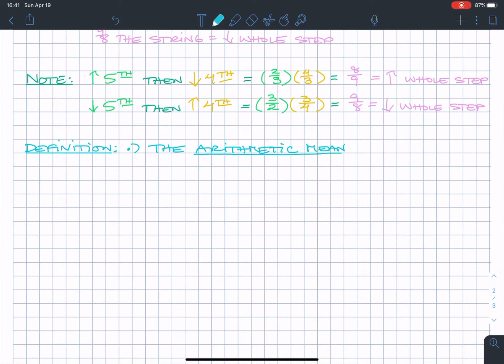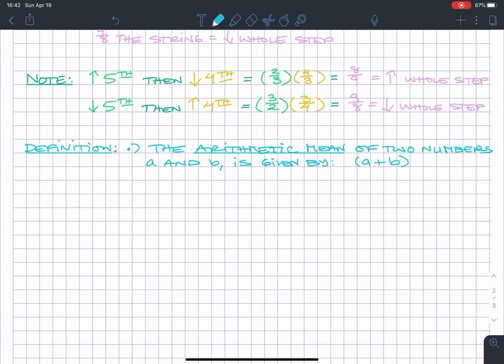The arithmetic mean of two numbers A and B is given by, well, hopefully everyone knows this, it should be a plus b divided by 2.